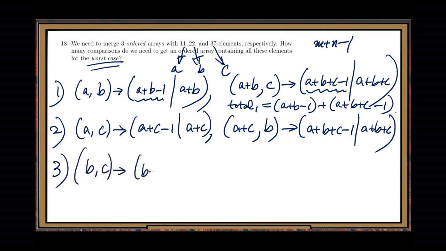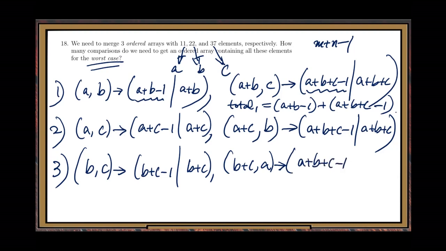B plus C minus 1, B plus C. Next, B plus C with A: A plus B plus C minus 1, A plus B plus C.